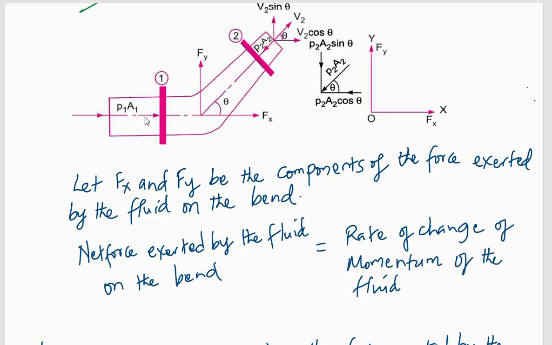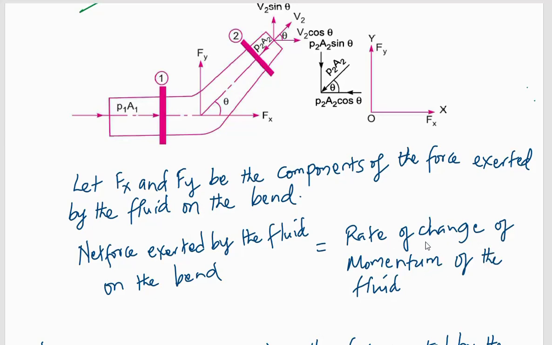So if the fluid exerts a force Fx on the bend, the bend will exert the same force on the fluid by magnitude of Fx, but in the opposite direction. Therefore, if we are to consider it, it will be in the negative direction. Therefore, we have a net force exerted by the fluid on the bend, and it is equal to the rate of change of momentum of the fluid.